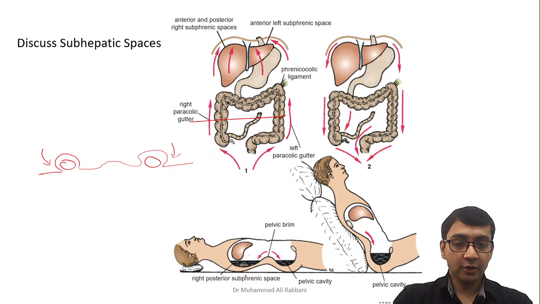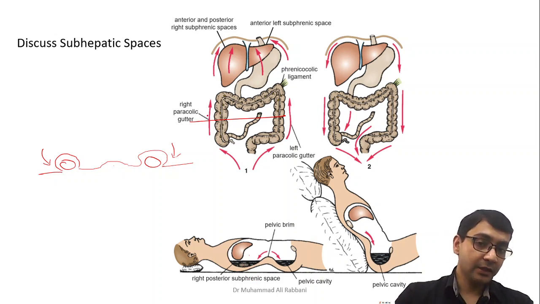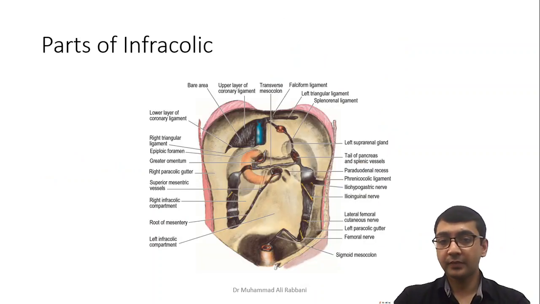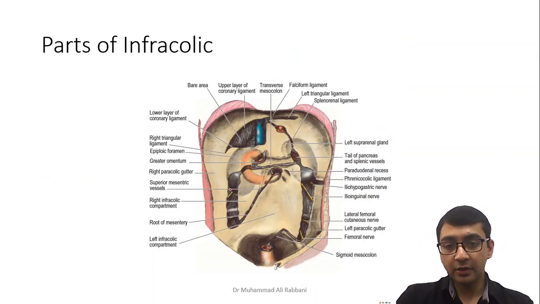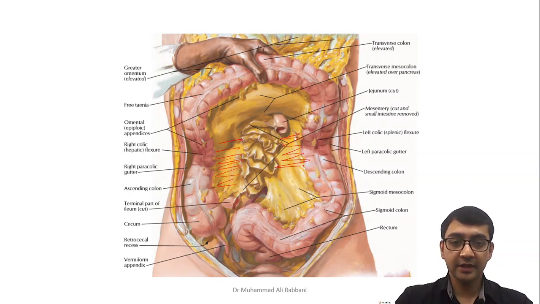As we talked about, when the person has fluid here and sits up, the fluid goes through the right paracolic gutter all the way into the pelvis. We discussed the parts of the infracolic compartment, the right and left compartments.